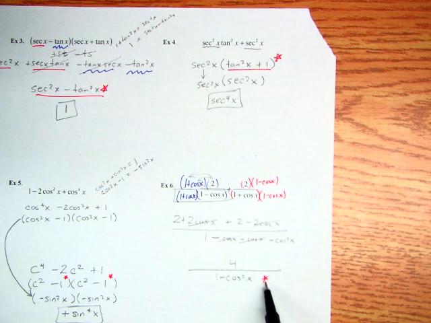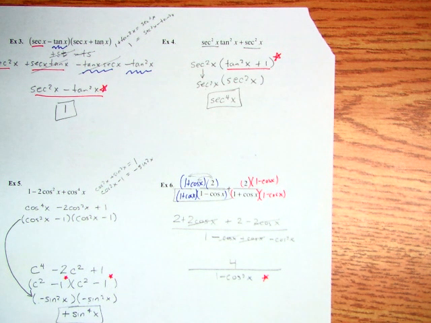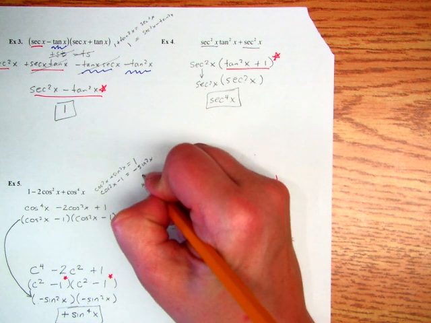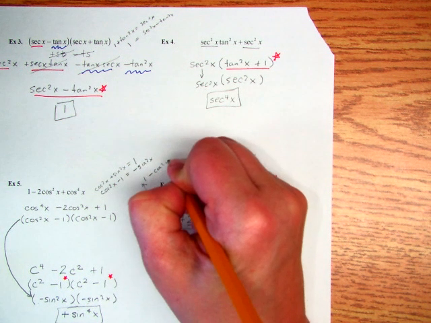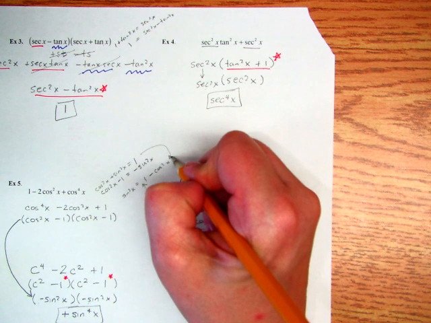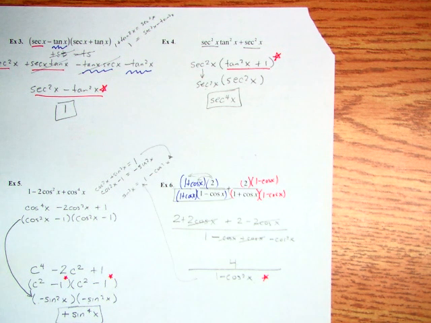I'm going to put a star here because we just proved up top that this could be rearranged. So if I come back up to here, couldn't I also write 1 minus cosine squared x is equal to sine squared x? Rearranging the first, moving the term to the other side. That's going to substitute and give me sine squared x.